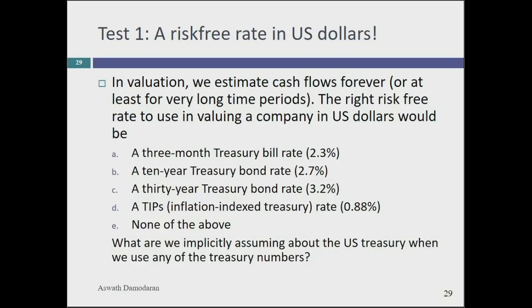So here are the choices, and you tell me which choice you would make as your risk-free rate in your valuation: a 3-month T-bill rate, a 10-year T-bond rate, a 30-year T-bond rate, a TIPS rate. Is everybody familiar with how an inflation-protected treasury works? Right now, an inflation-protected treasury rate is about 0.8%.